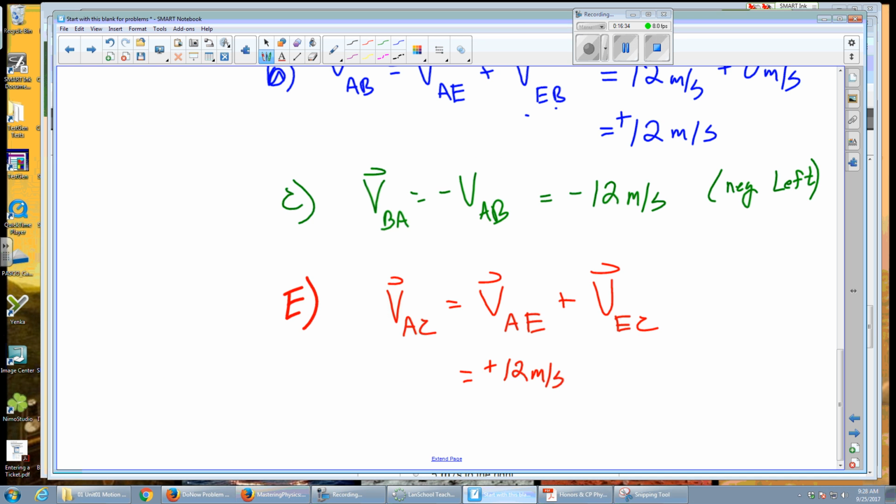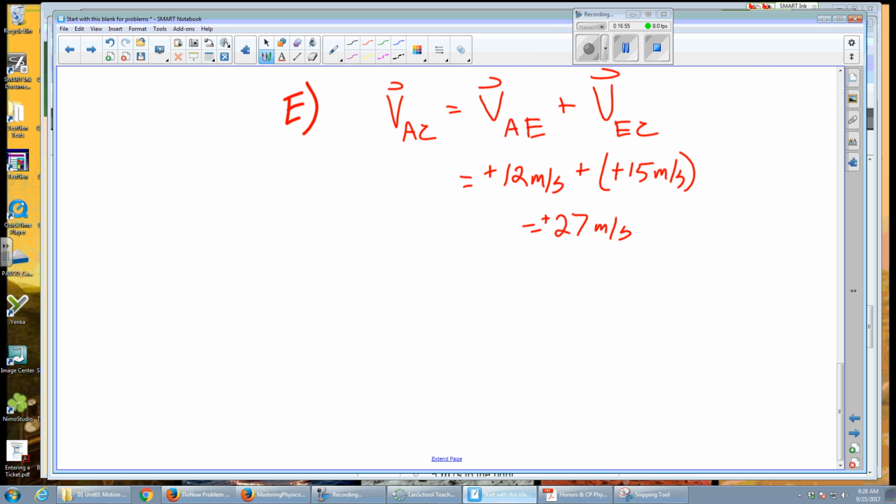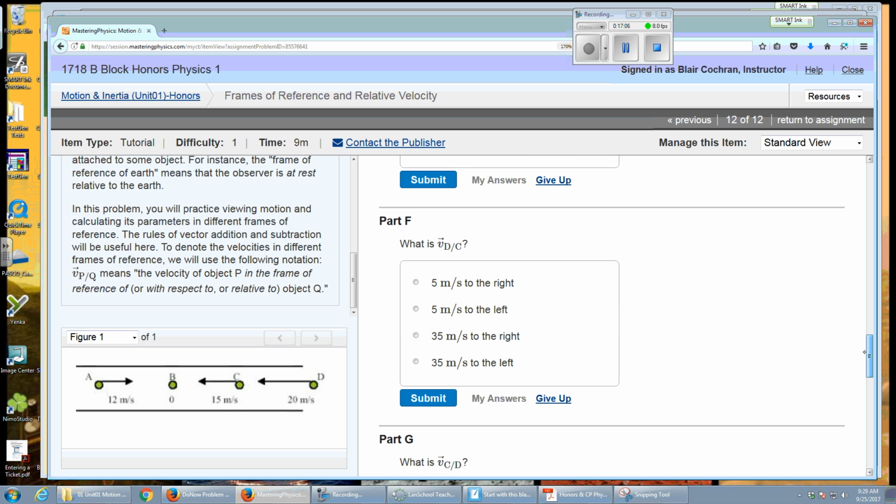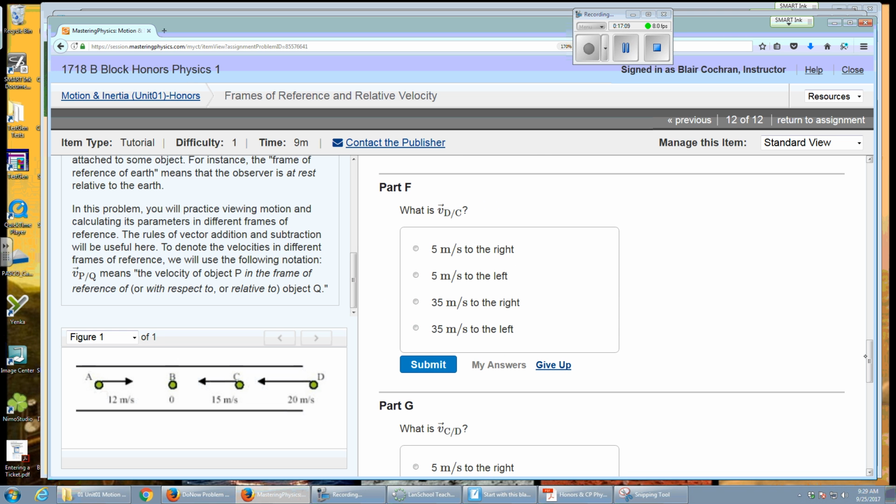So that means that Earth to C would be positive 15 meters per second, using the same logic that we used in C. Right? So I should get positive 27 meters per second. And that's one of my choices, 27 meters per second to the right. So I'm thinking that that's probably correct. And then F, D to C.